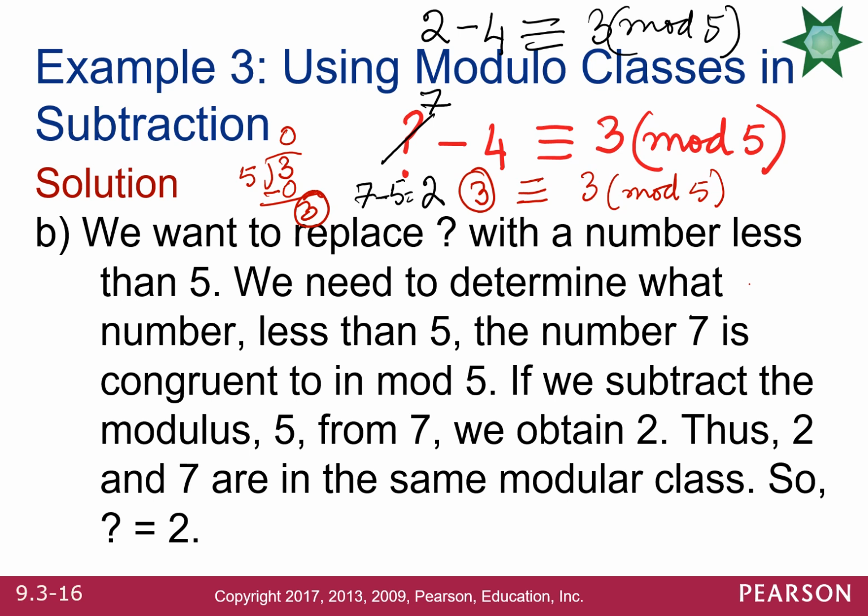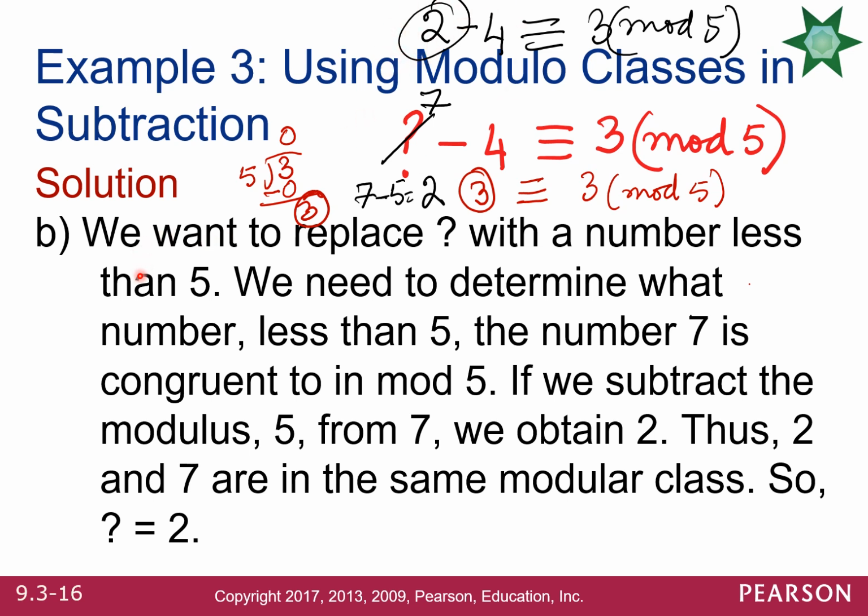So the question mark is to be replaced, since we are looking for a value less than the modulus number, we subtract 5 from the 7, and the answer that should be given is 2.